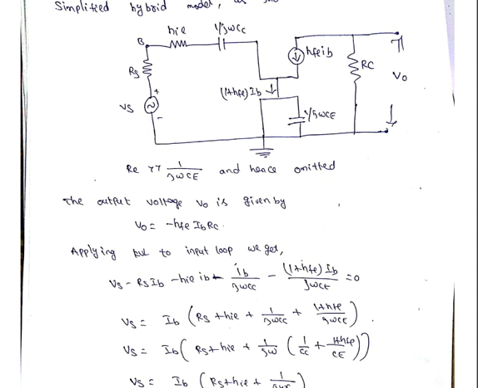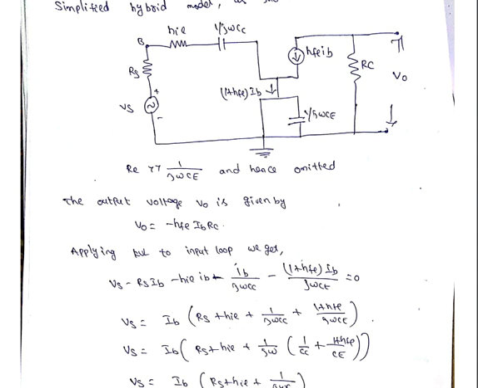Now we apply KVL at the input to get VS: VS minus the drop across RS, minus HIE IB, minus IB by J omega CC, minus (1 plus HFE) IB by J omega CE is equal to 0.